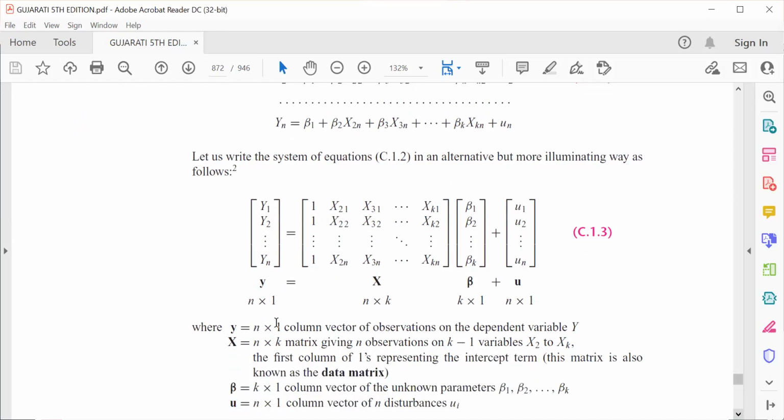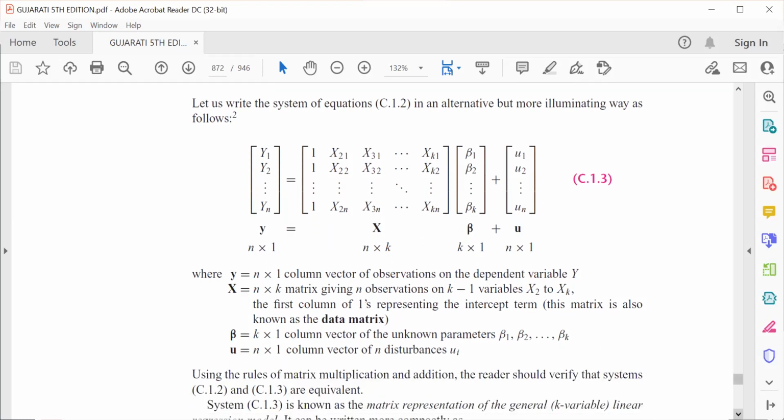So y is the n by 1 column vector of observations of the dependent variable, x is n by k with k independent or explanatory variables, and beta is a column vector of unknown parameters. We use this equation to calculate the betas. Mu is the residual, a column n by 1.